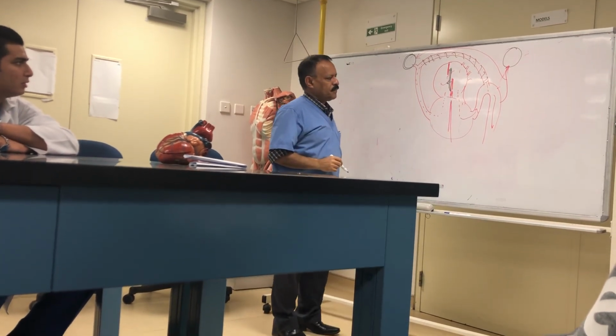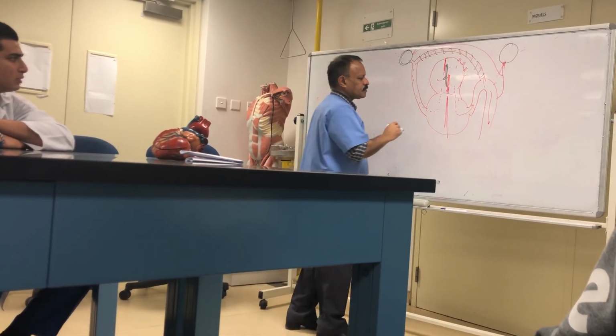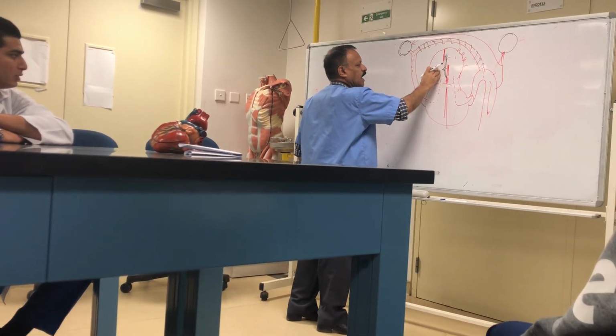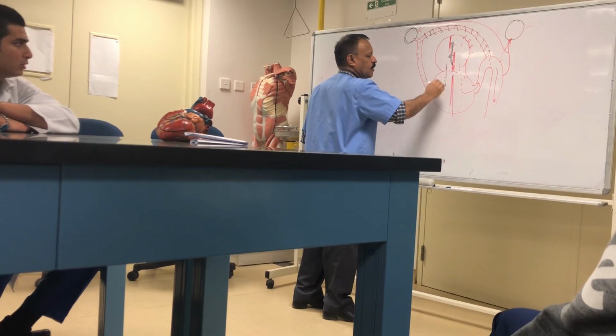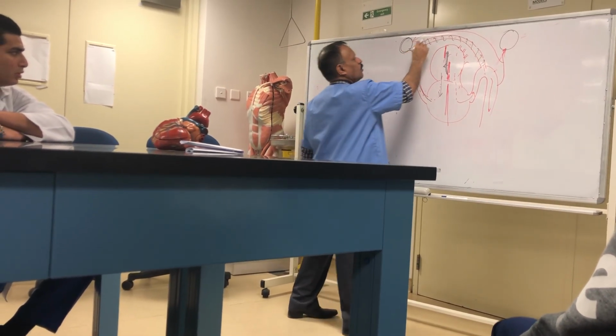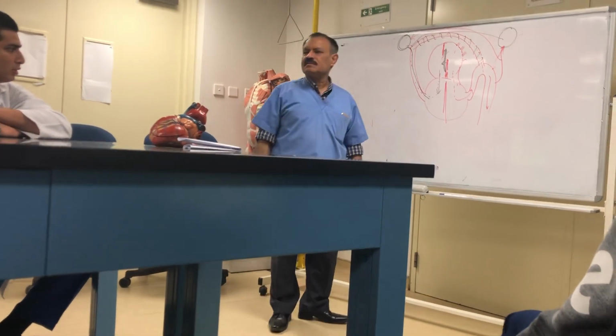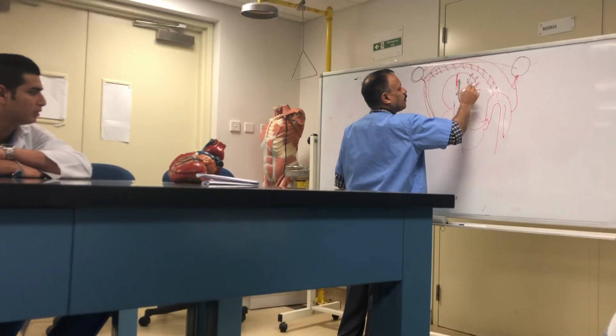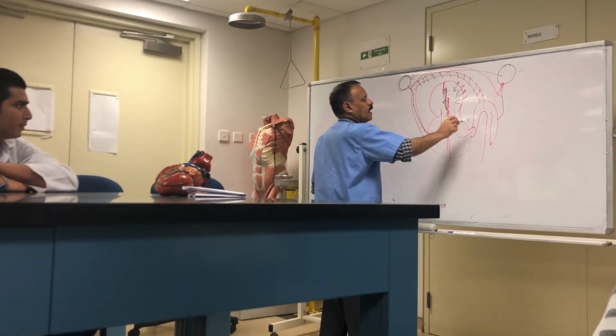You got it? And now the blood is coming from the right atrium to the right ventricle, so the blood can come over here and then go over here and over here for oxygenation. And then comes back to the left atrium. This one is coming through this one.